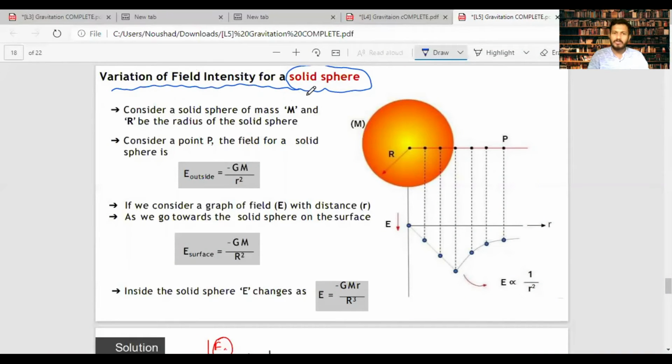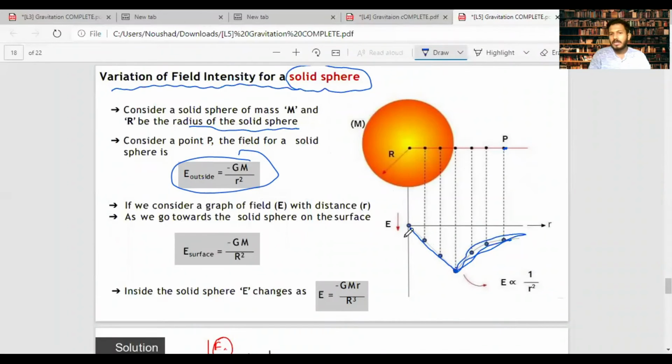Consider a solid sphere of mass M and radius R. Consider a point P outside the solid sphere. The field outside is minus GM by r square. If we consider the graph of field E with distance r, consider it like this.